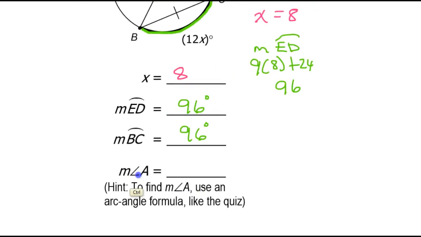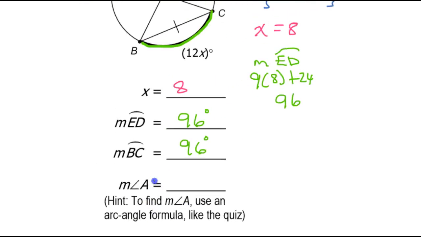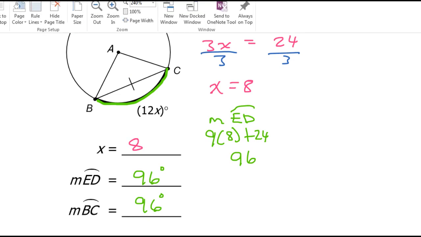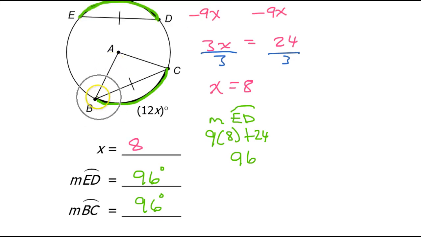Now what about the measure of angle A? Well, where's the pizza slice? Here's the pizza slice. Boom, look at this. Notice where the vertex is. The vertex is at the center of the circle.